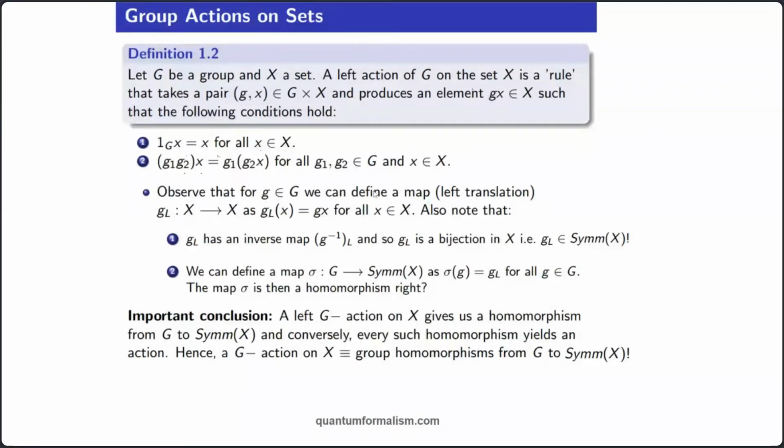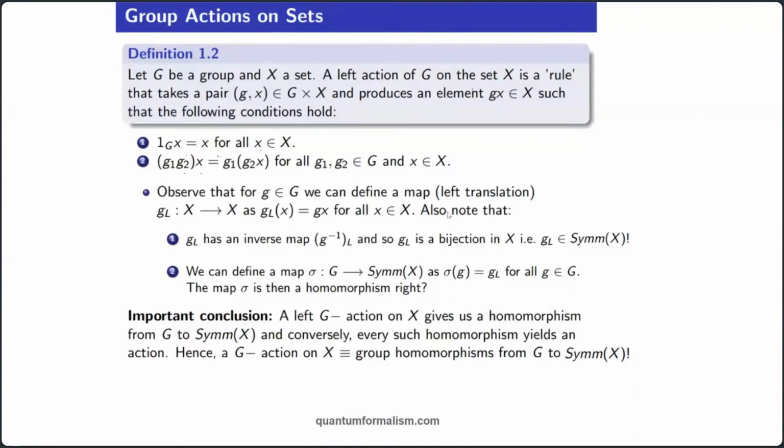Very important for you to note this: given any element of the group, we can define a map, let's call it a left translation, g_L, that goes from X to itself as this. So g_L(x) equals the action of g on x for all little x in the set X, okay?